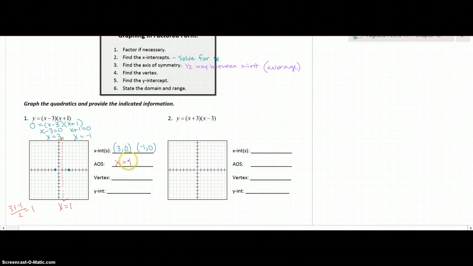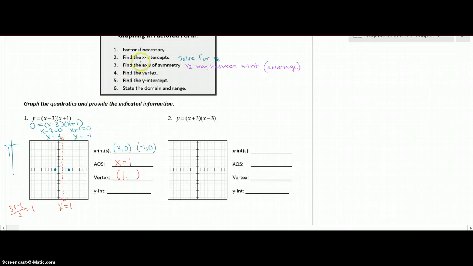Now, remember, the axis of symmetry goes through the vertex, so we need to find the vertex, which is the next step. Because it's on the axis of symmetry, we know that x has to be 1, but we have to figure out what y is going to be. So just like using an xy chart, we're going to plug in 1 for x.